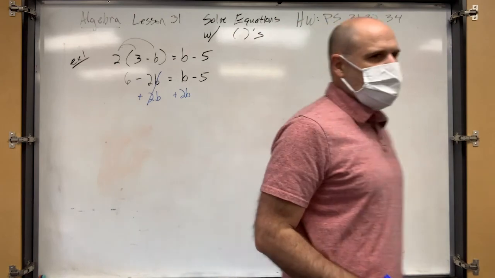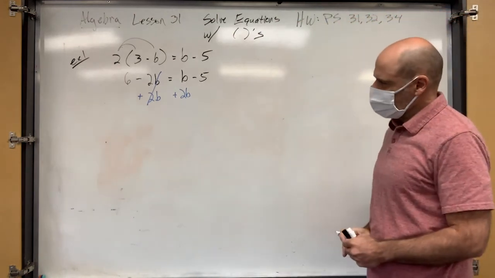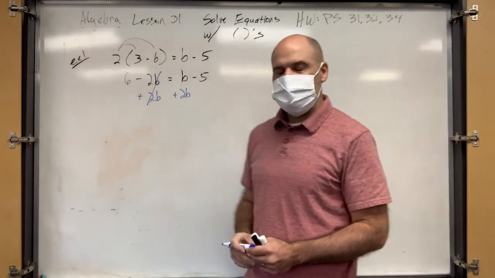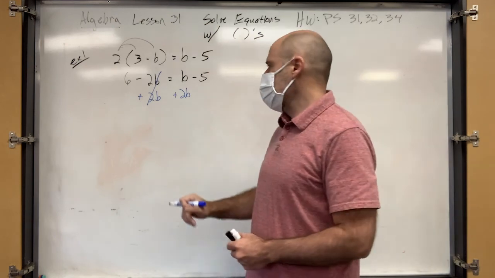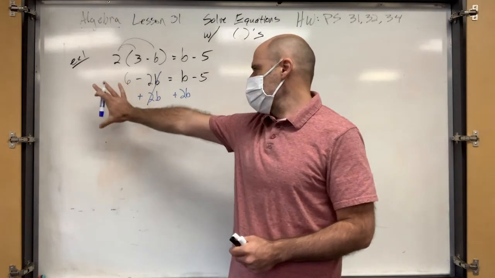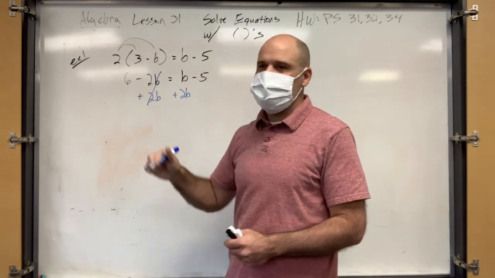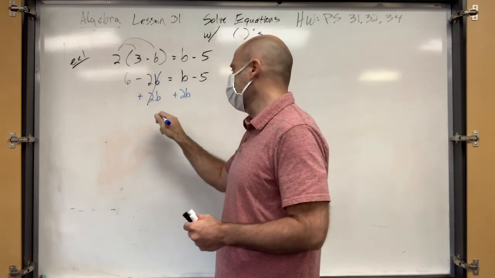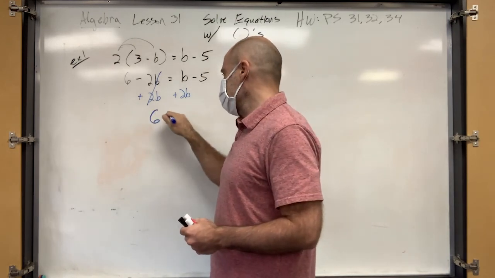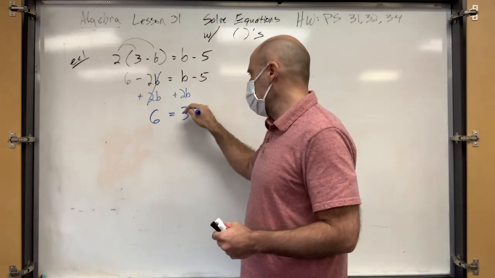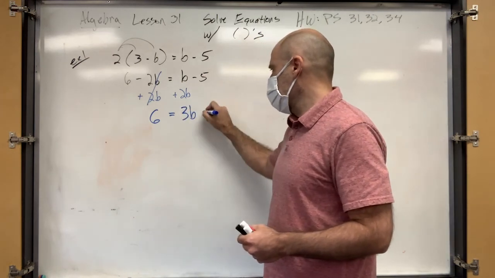All right. So what are we left with on the left side? Oh, left side. No, I said correct. You're just way too ahead of me, aren't you? So 6, and then we're left with 3b, and then what? -5.